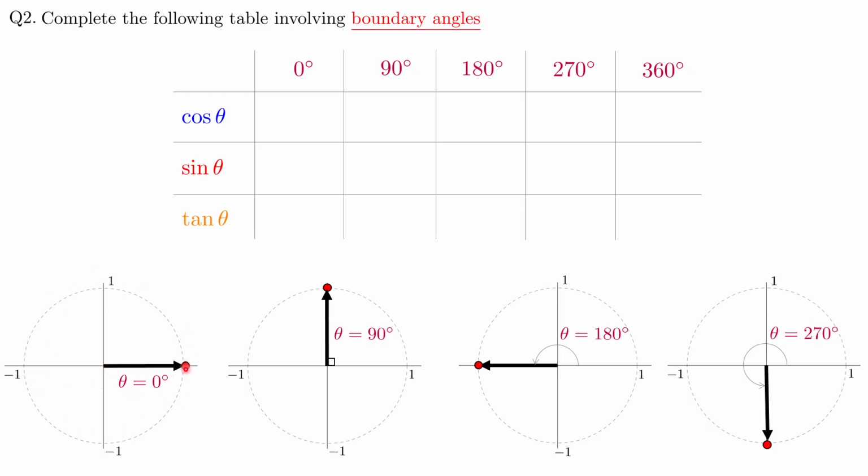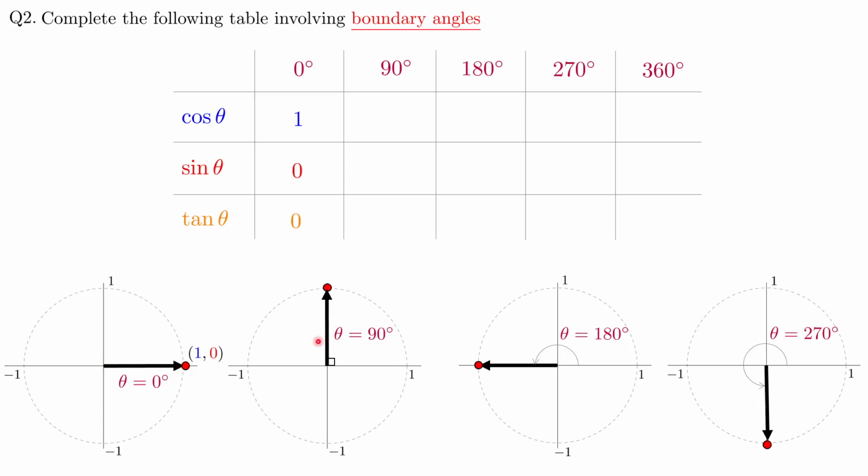So if this length is 1, then you can see that the full coordinate of this point here is 1, 0. And cosine gives us the x-coordinate, so cosine is just going to be 1. And sine gives us the y-coordinate, which is 0 in this scenario. And tan gives us the gradient of this arrow, but the gradient of a flat line is 0.